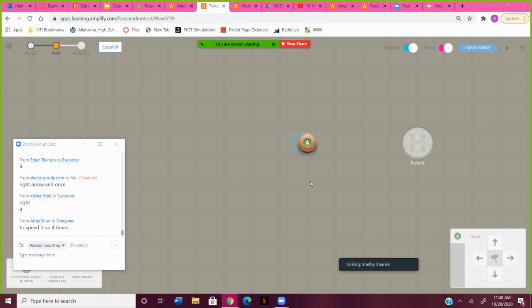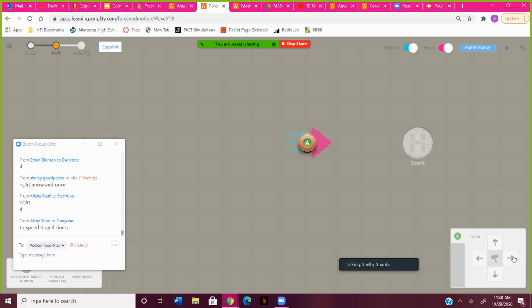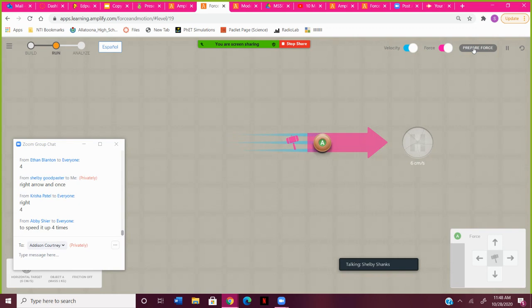All right, so Krisha said to the right, and Ethan and Krisha both said 4. Shelby told me the right arrow. Abby said we got to speed it up 4 times. So I'm going to press the right arrow 4 times. 1, 2, 3, 4. All right, I'm going to exert my force and we're going to see what happens.